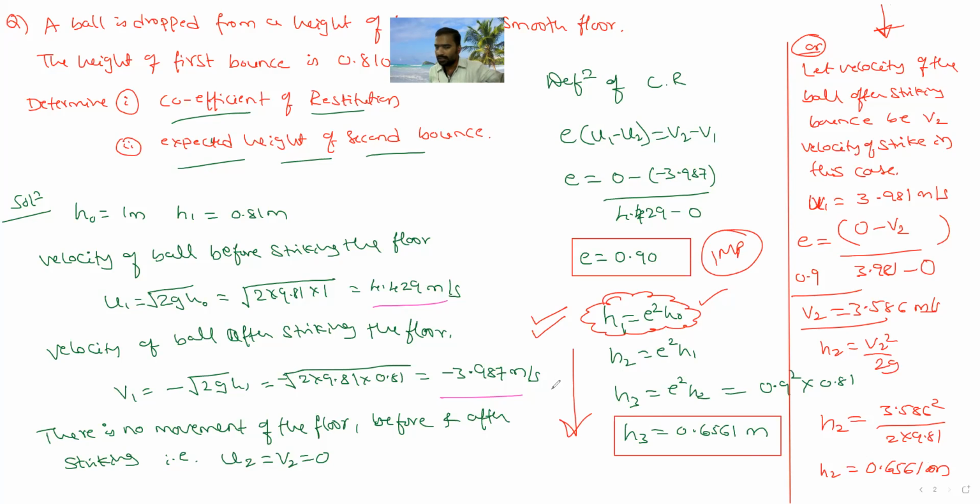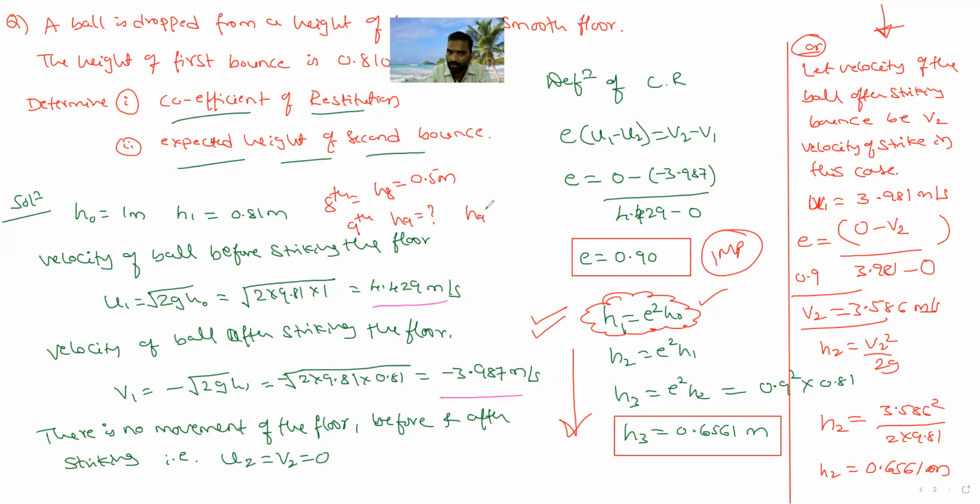Suppose you throw a ball that is bouncing, and at the eighth bounce, height is 0.8. Can you determine the ninth bounce height? Yes, can you determine if you know the E value?